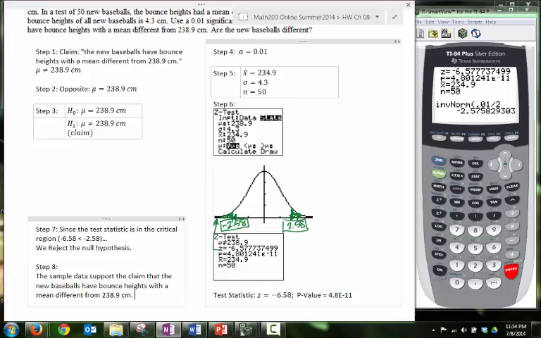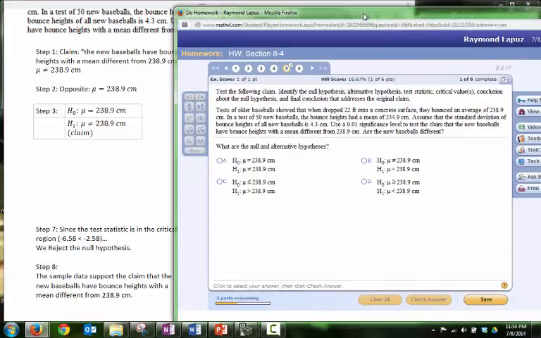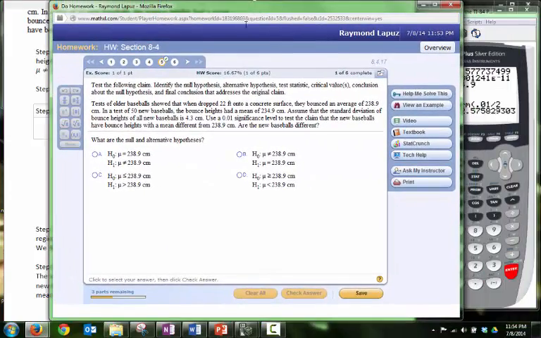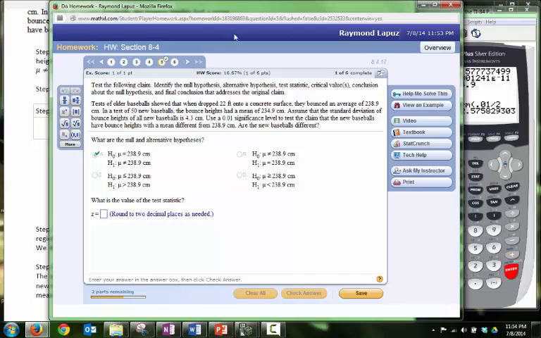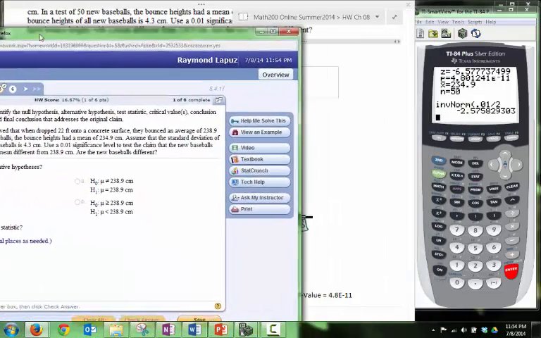So let's check our answer. This is the actual problem that we were looking at. It's asking us what are the null and alternative hypotheses. So the null hypothesis has the equal sign, and the alternative has the not equal sign, so I think that would be A. What is the value of our test statistic?